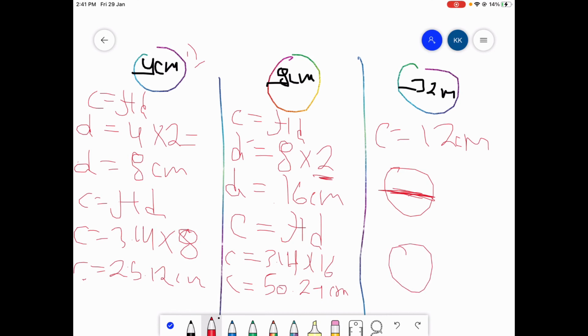In this lesson we learned how to find the circumference by the diameter. Now we're going to find the diameter by the circumference. So there will be divide. I hope you watch some other videos, so you can have some examples of it. So see you next lesson.